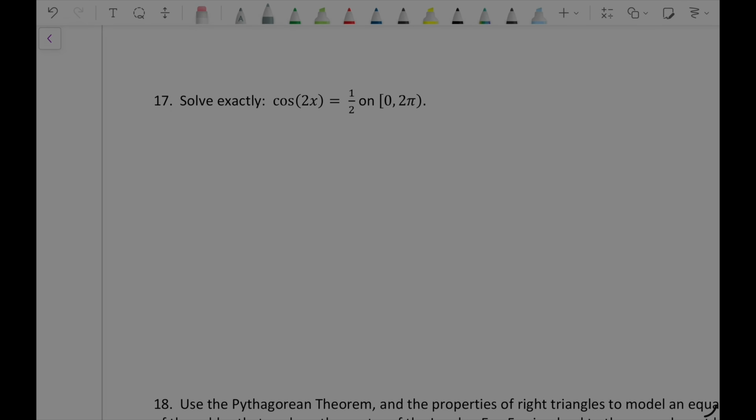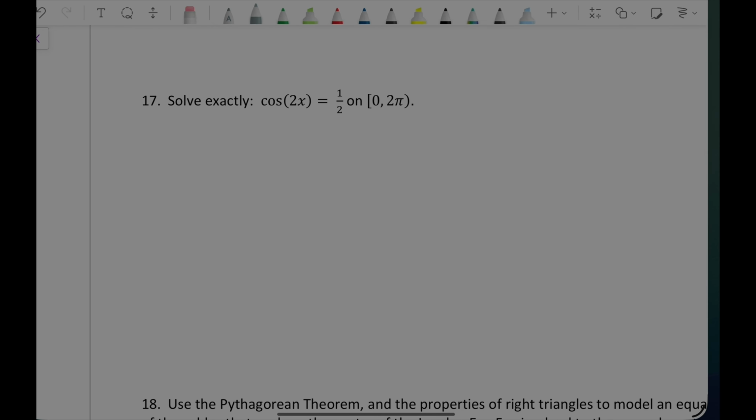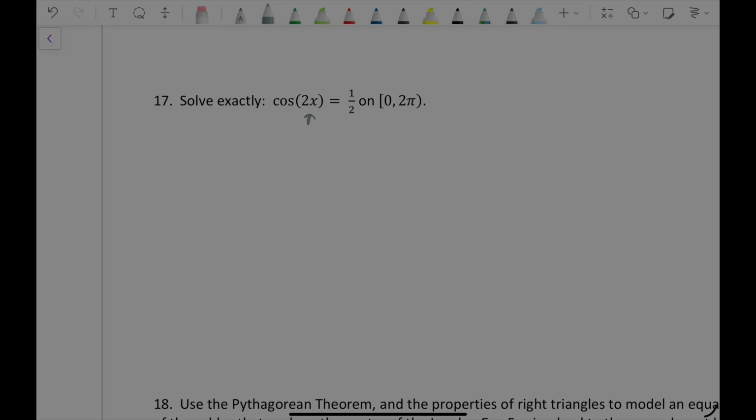One is we could take cosine of 2x and replace it using our double angle formula, or we can talk about just what 2x could equal. So if I temporarily call this angle alpha, the cosine of alpha equals a positive 1/2, well, this means that alpha is here or here, right?